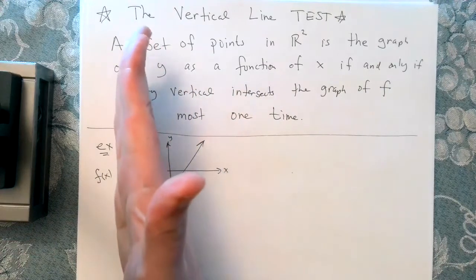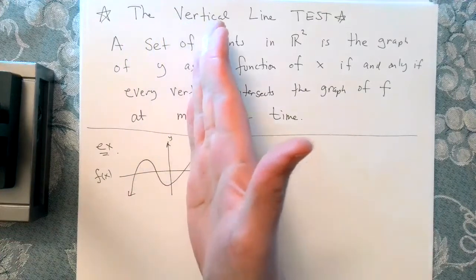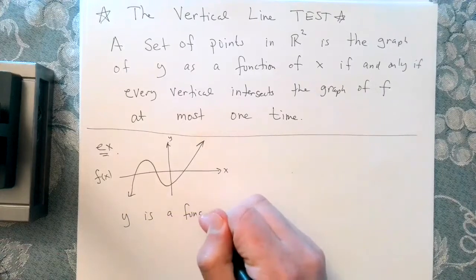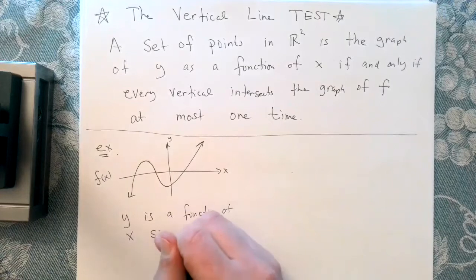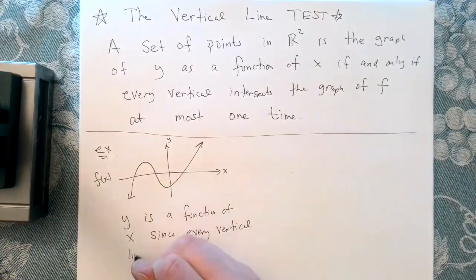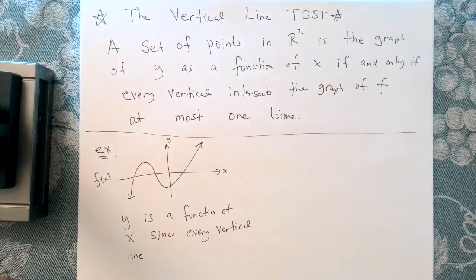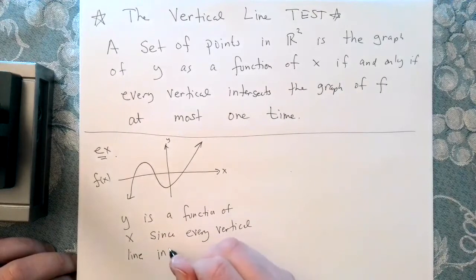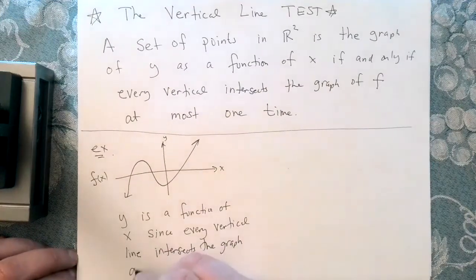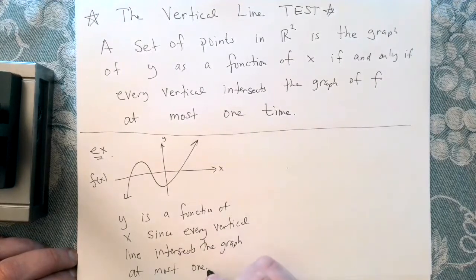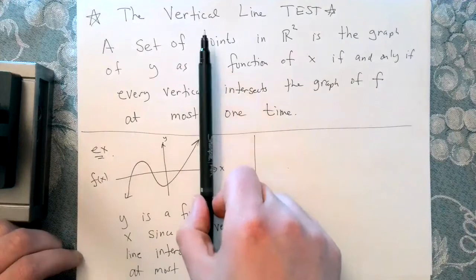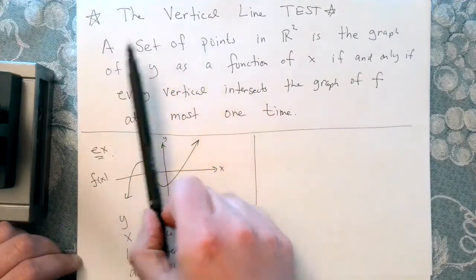So since any vertical line I draw intersects the graph at most once, y is a function of x, since every vertical line intersects the graph at most once. That's how I can determine it.